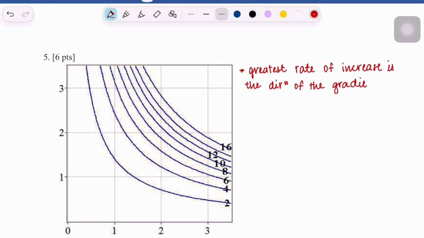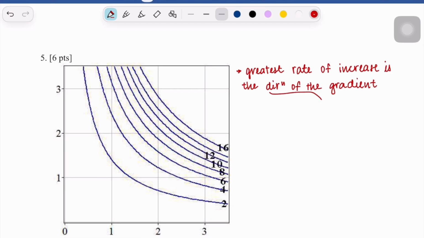Because the gradient gives you the rate of increase, and the direction of the gradient shows you which direction has the greatest rate of increase. Okay, and the direction of the gradient is perpendicular to contour lines. Okay, now take a moment to think about.